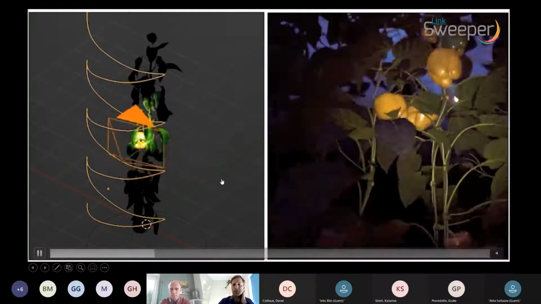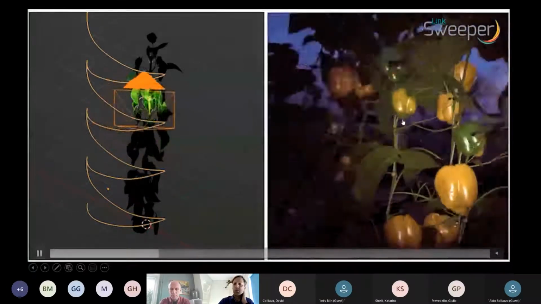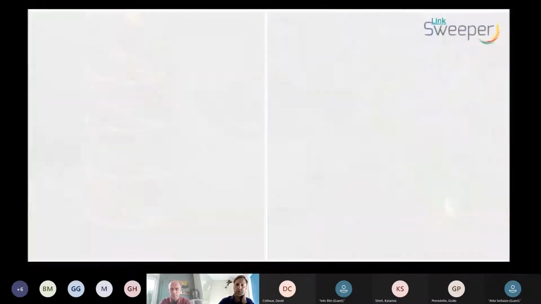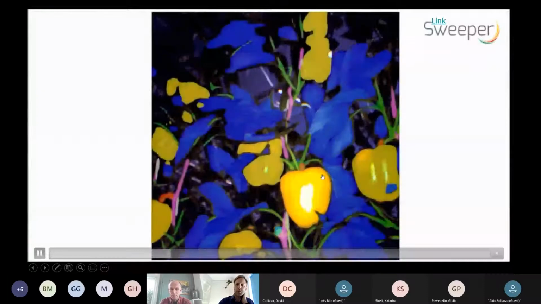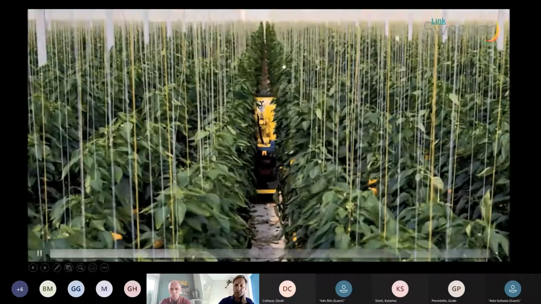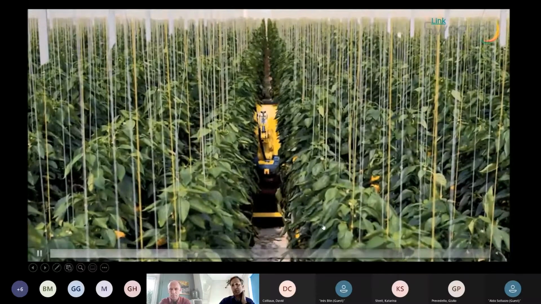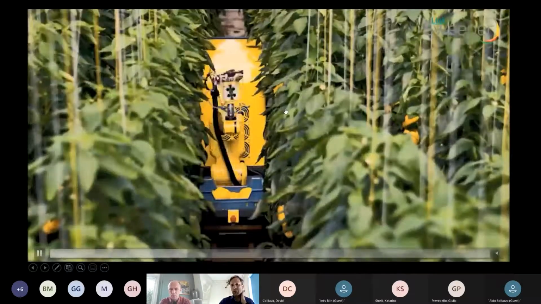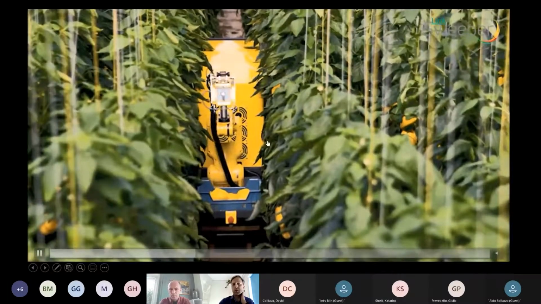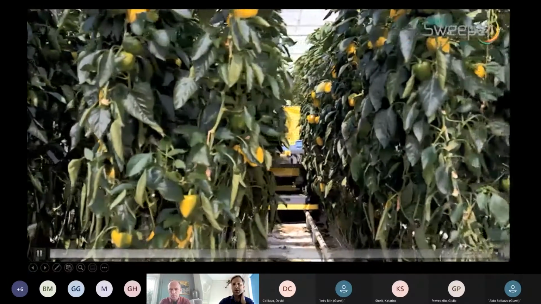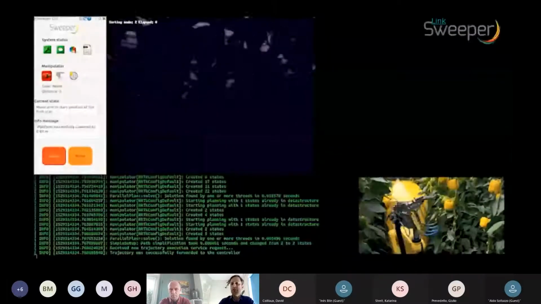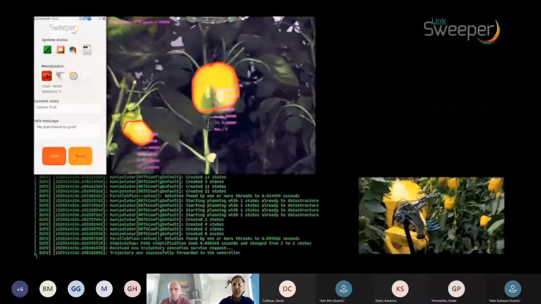I'll continue the video. By generating this data, he could train the robot. This is one of the images that he was able to generate, which were quite identical to the real stuff. We did retrain the neural network a bit, but it was pre-trained to such a level that it could be launched quite quickly and easily inside this greenhouse.